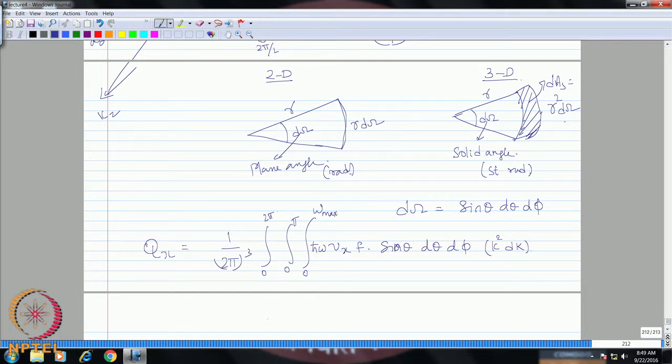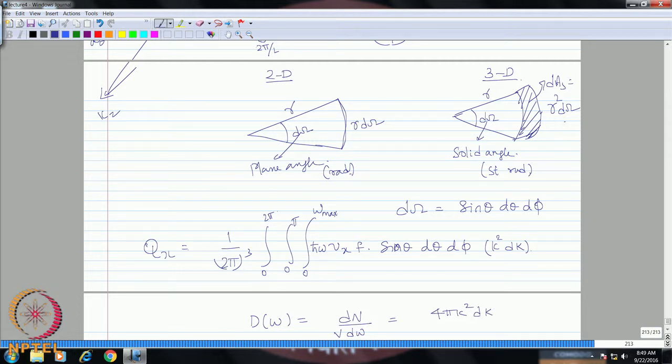Now, the expression for density of states is the number of states per unit frequency interval per unit volume. This is the density of states per unit volume. The number of states, if I take one annular strip of a sphere, I have the surface area 4 pi k square dk.